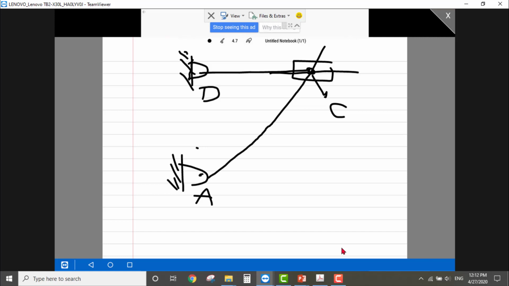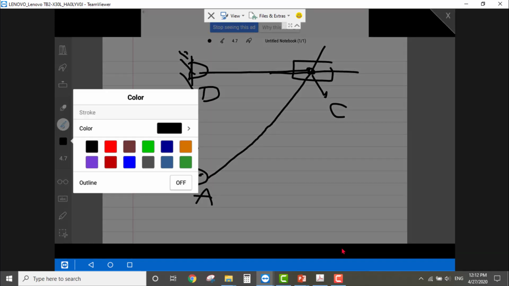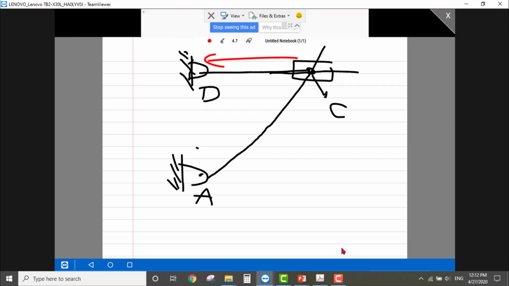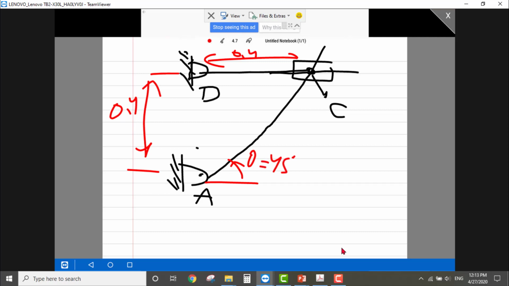The extra length of the two links is not important. Regarding the lengths, this length is 0.4, this is 0.4, and this length is 0.4. And the angle here is theta equal to 45 degrees.